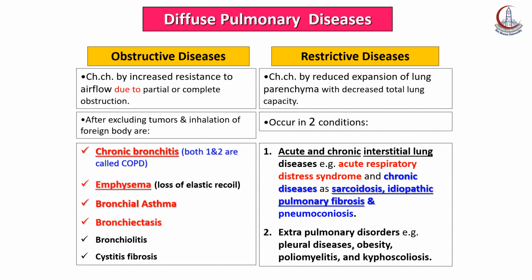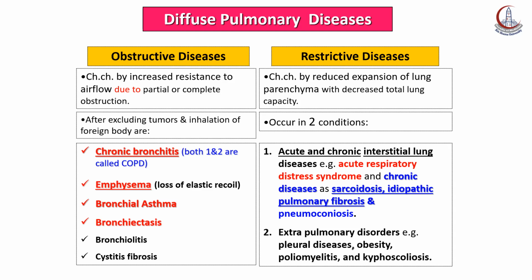Both are called COPD. In emphysema, as we learned previously, there is loss of the elastic recoil of the lung. Bronchial asthma, bronchiectasis, bronchiolitis, and cystic fibrosis are all under the umbrella of obstructive lung diseases.